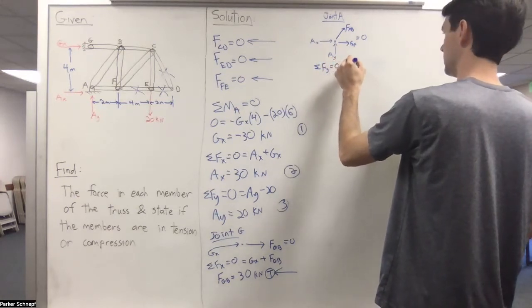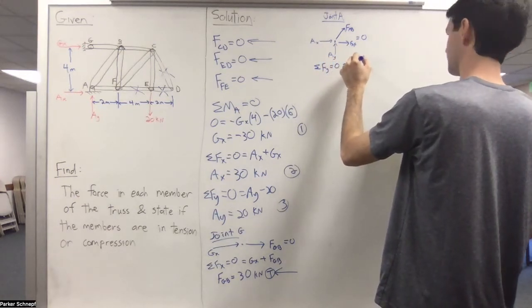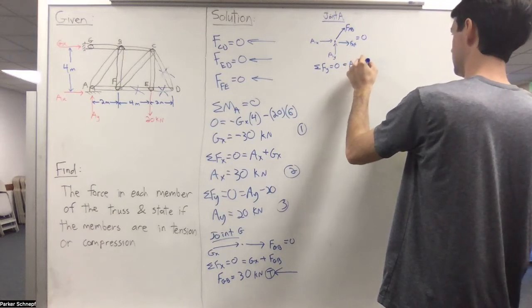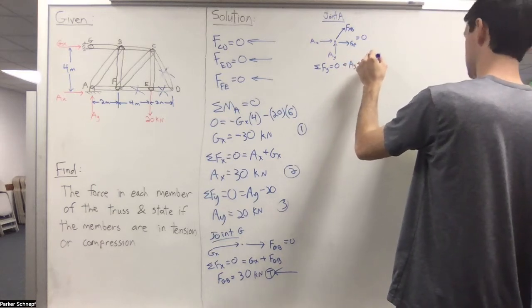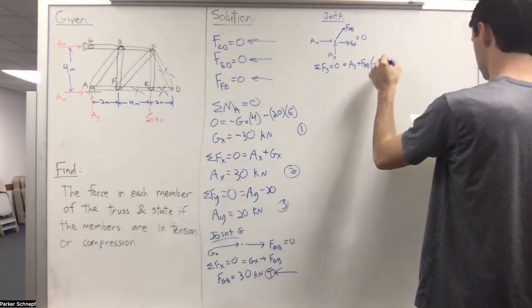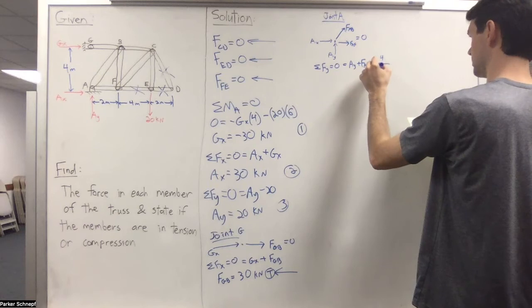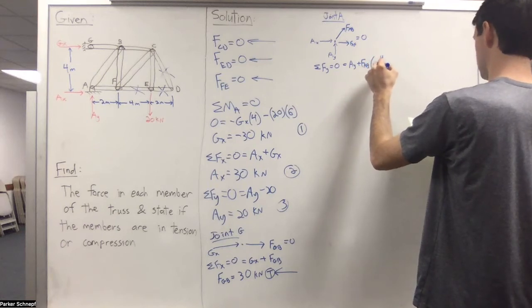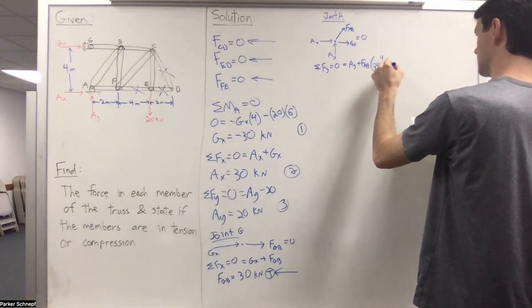0 equals AY plus FAB. And I've got to find its Y over hypotenuse. So that's going to be 4 divided by the square root of 4 squared plus 2 squared.